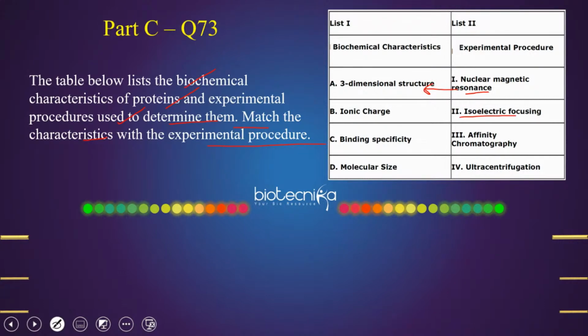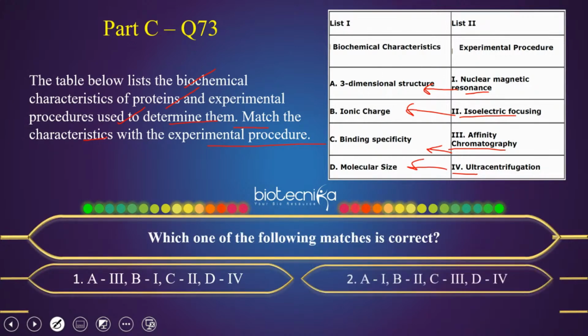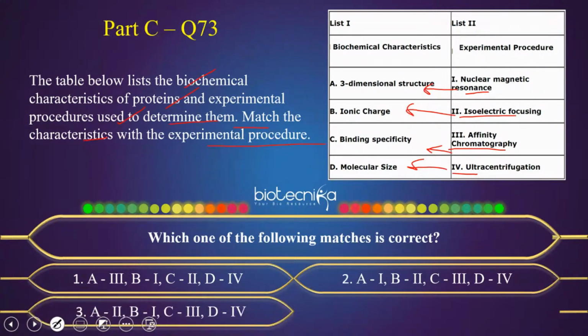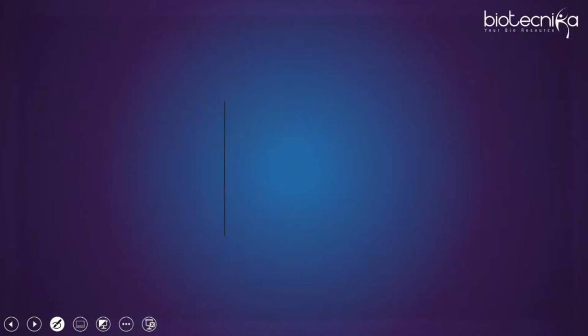Isoelectric focusing helps us detect the ionic charge, the pI of the protein. Affinity chromatography is based on binding specificity, and ultracentrifugation separates molecules based on molecular size. So it was very simple. Yes, D4, C3, so the second is the right option.